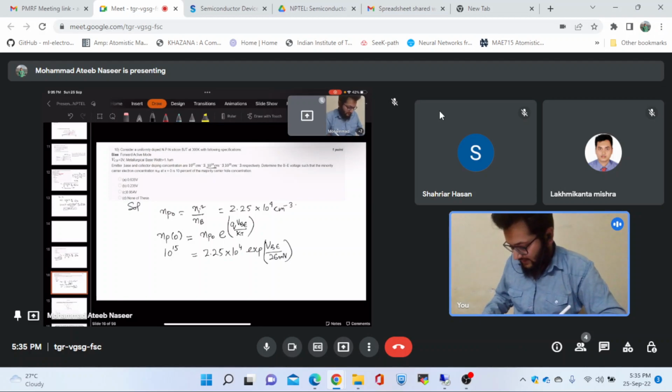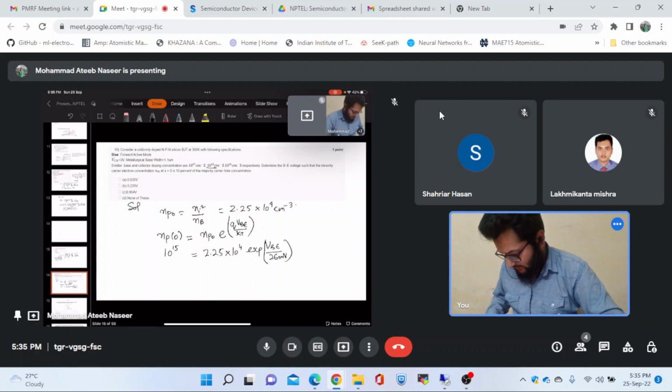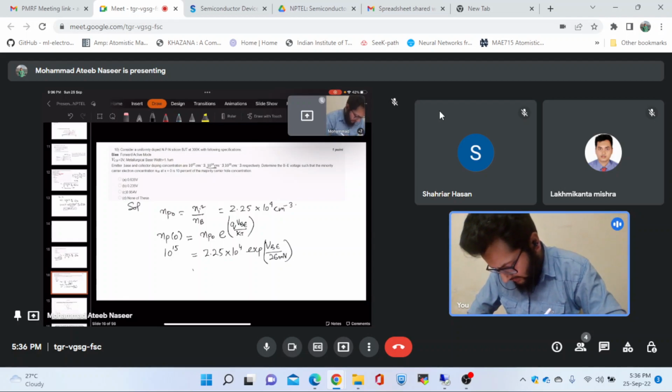So now if I do the required calculations, 10 to the power of 4 into 0.026, it should come out to be equal to 0.63 volts.